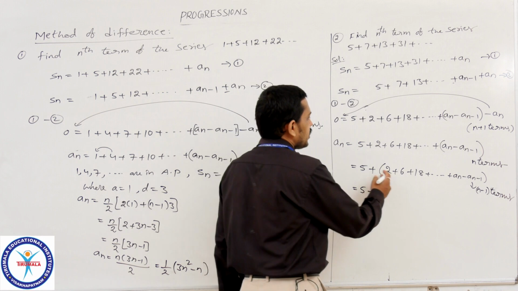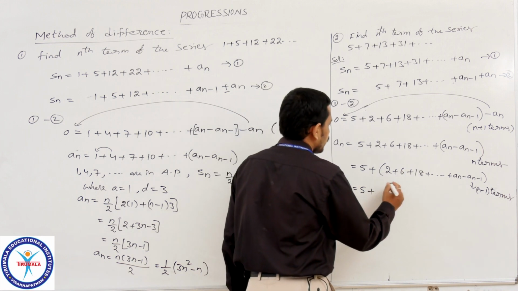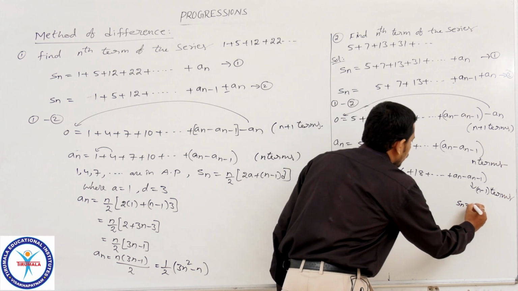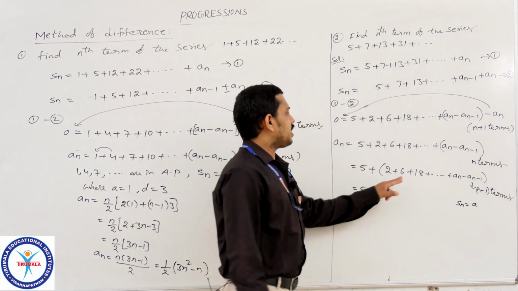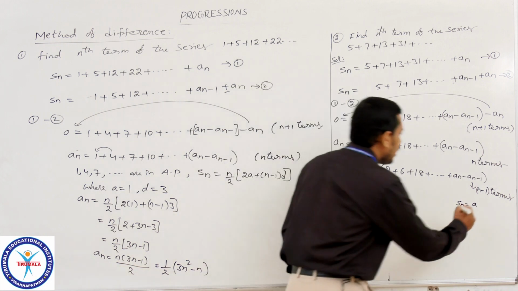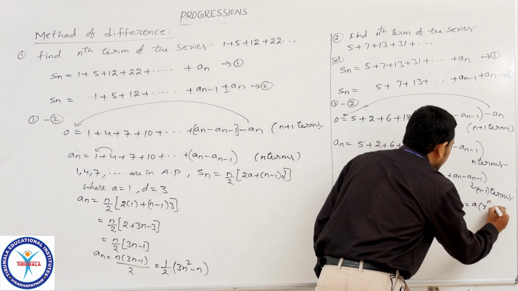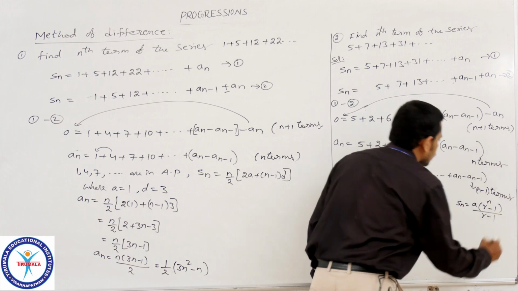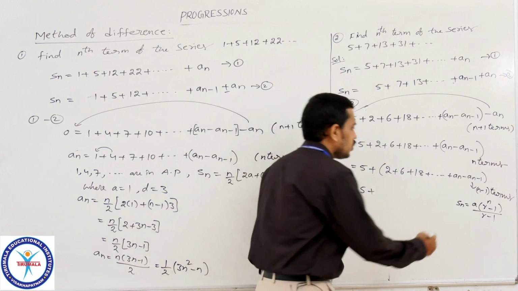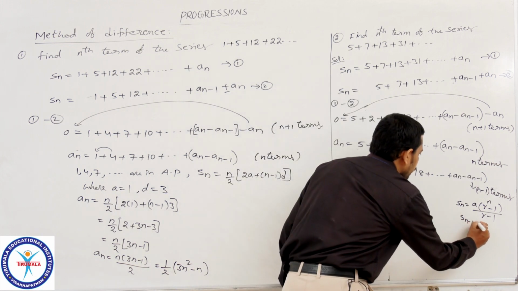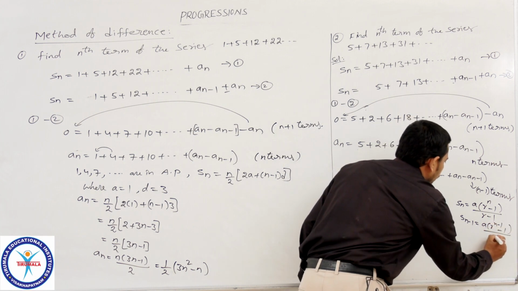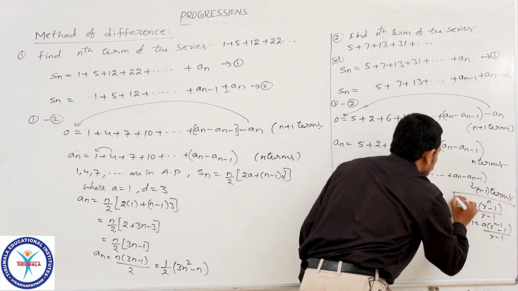Sn is equal to A into R power n minus 1 by R minus 1, where R is the common ratio 3, which is greater than 1. But here we have n minus 1 terms. So, Sn minus 1 is equal to A into R power n minus 1 minus 1 by R minus 1.